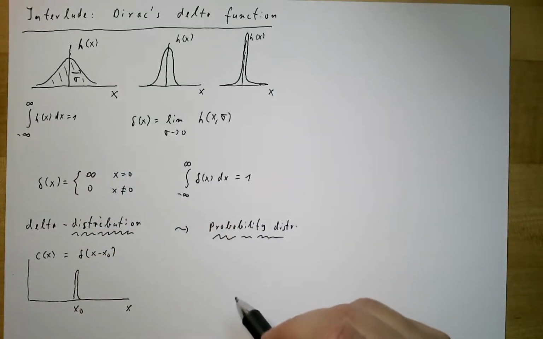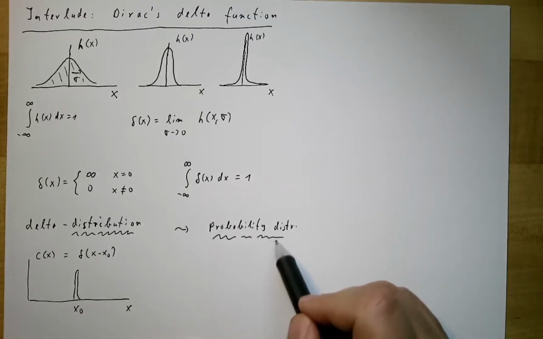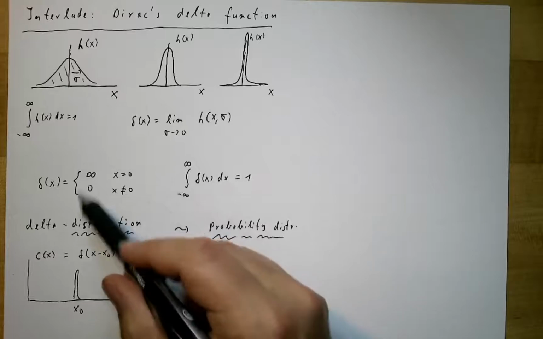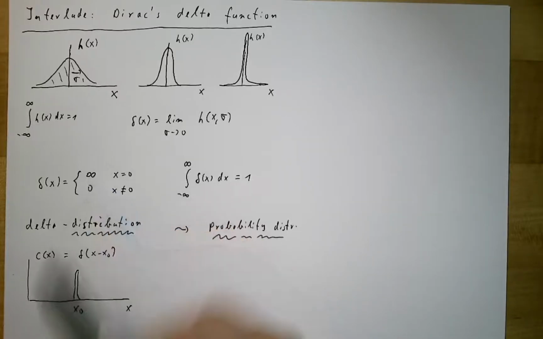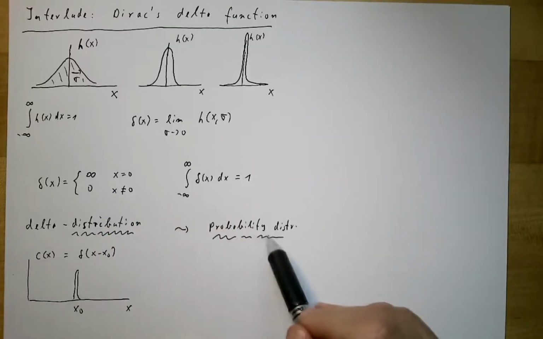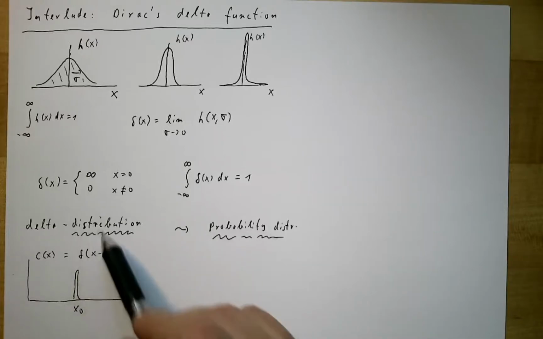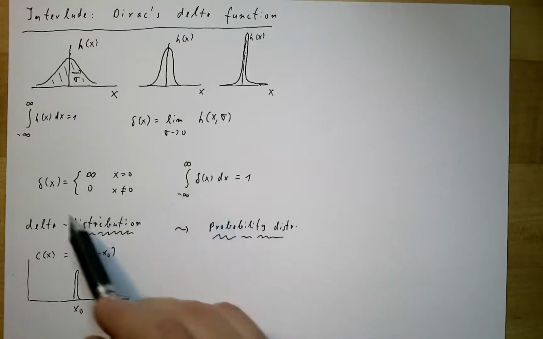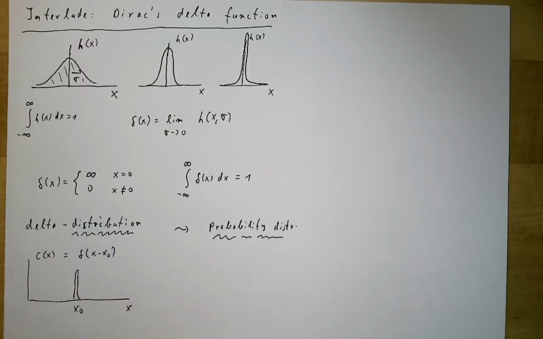This is really a distribution. Like we said, maybe it's not really a function, but when we want to get a probability, we need to integrate over the distribution, and integrals over this delta of x are well defined. So this is really a probability density.